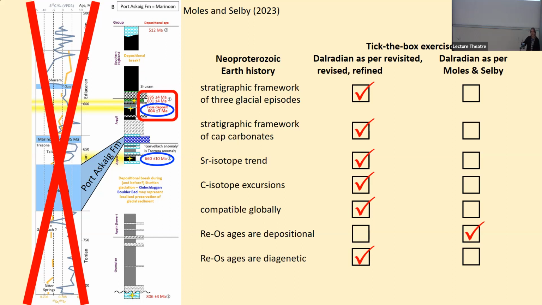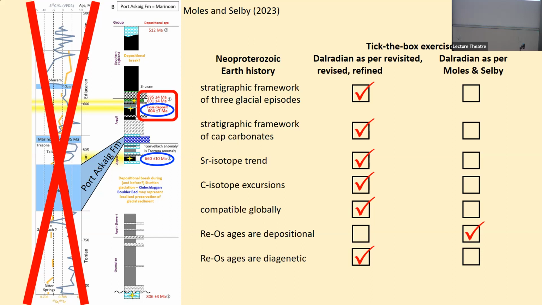The volcanic units that we know are occurring at the top of the pile of Dalradian rocks, those ages overlap. I cannot understand for the life of me how you can look at diagenetic pyrites and assume that they're a syndepositional age and not think of a 600 age as being pretty close to thinking about the volcanics and the fluids that would be associated with those.